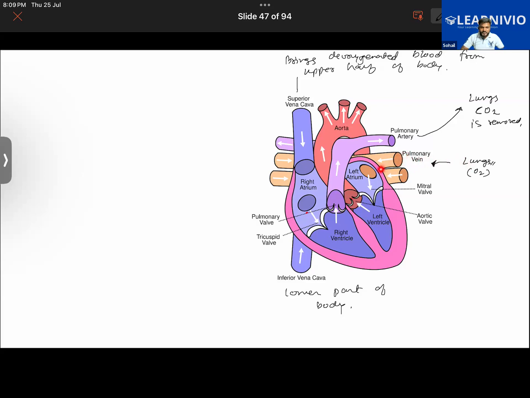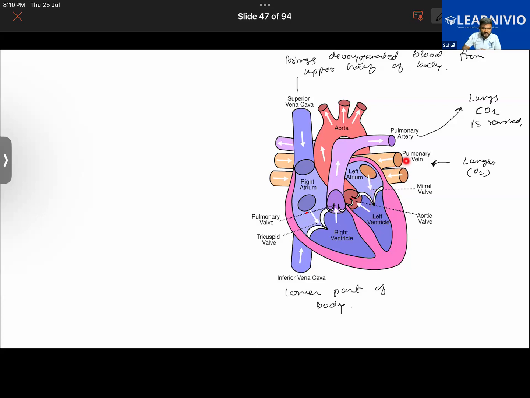So it goes into the left atrium, right? Then this left atrium will be squeezing. It will be compressed and squeezed, and then the blood from here will go into the left ventricle. And then this mitral valve will close, in order to stop the backflow of the blood from the left ventricle into the left atrium, so that the blood does not flow in the opposite direction.